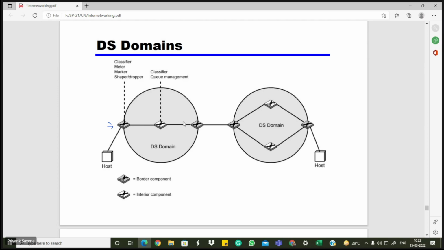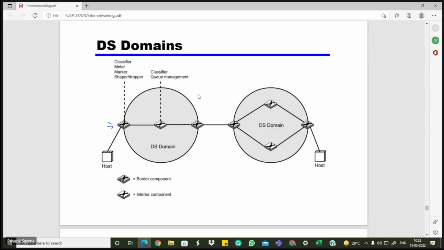Otherwise, if there is no agreement, then it will behave like the normal internet and provide the best effort service, right? As I told you, generally the administrator or the service provider assures that the customer gets the expected or at least the agreed quality of service.